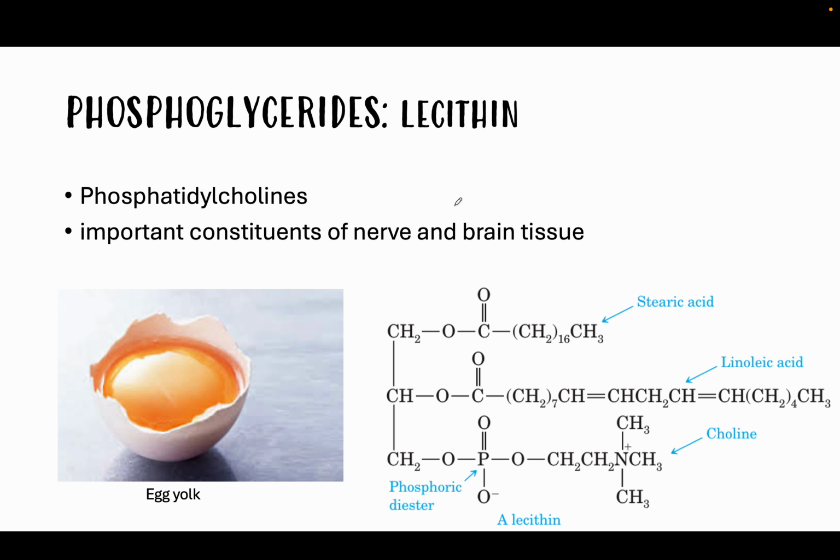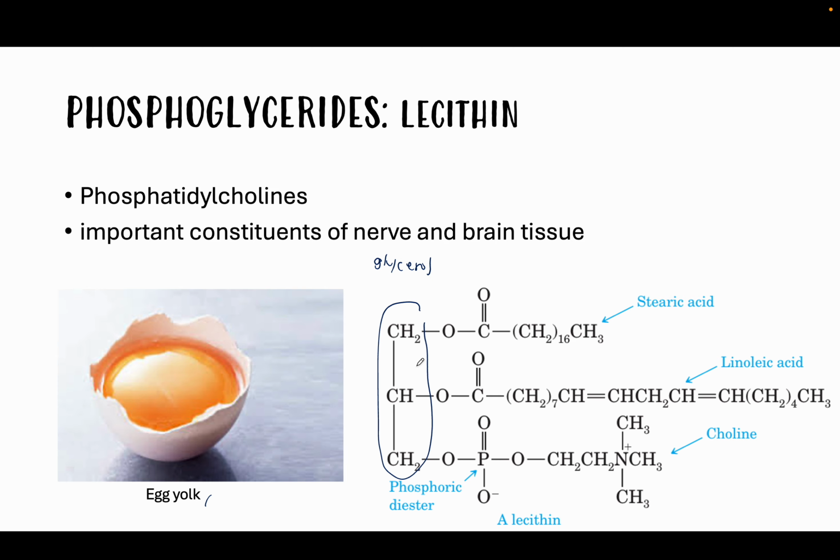One example is lecithin, which is said to be an important constituent of nerve and brain tissue. It is also known as phosphatidylcholine, and one specific source would be egg yolk. This is the structure of lecithin, where you have here glycerol.